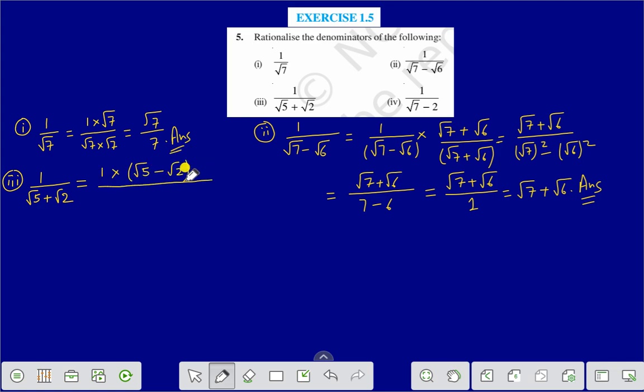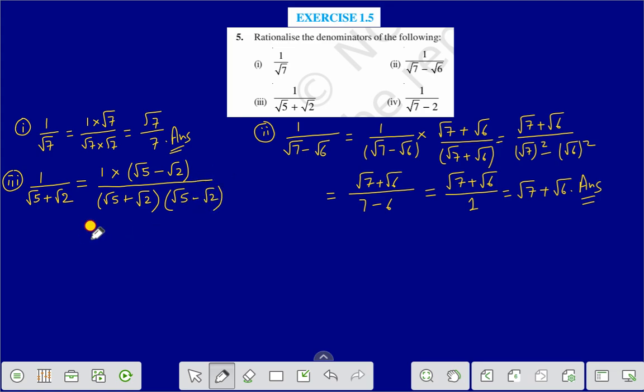Multiply the numerator and denominator both by root 5 minus root 2. Root 5 plus root 2 into root 5 minus root 2.